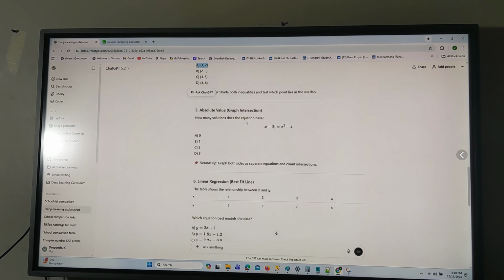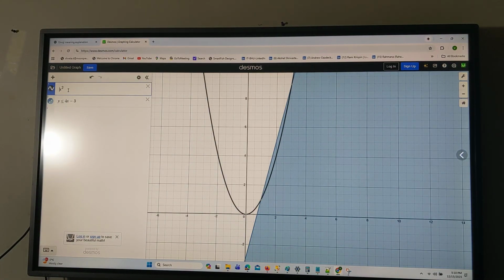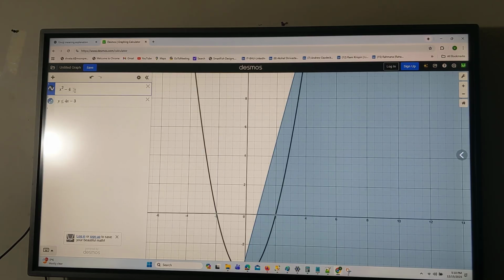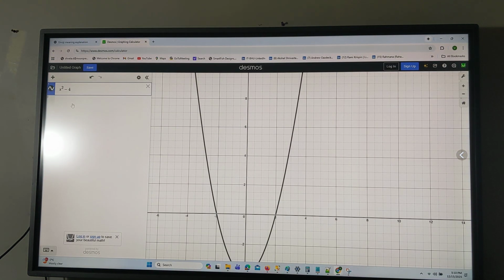Absolute value intersection: how many solutions does this equation have? So let's plot these two graphs. This graph is x squared minus 4, and then this equation is nothing but mod of x minus 2. So this is the second equation I plot.